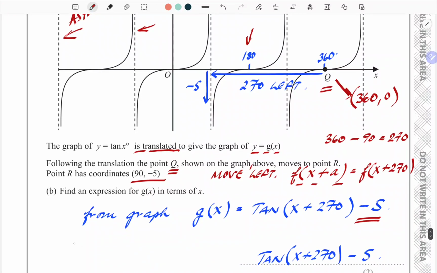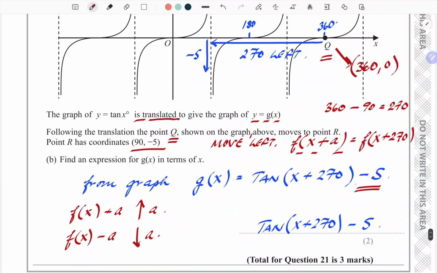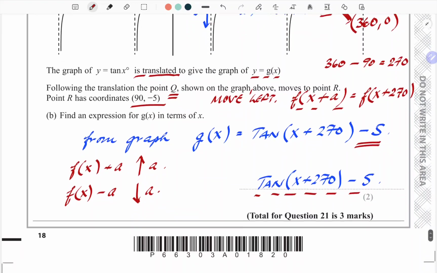For example, f of x plus a goes up by a, and f of x minus a goes down by a units. In this case, we want to go down by 5, so you just put a minus 5 on the outside. So the answer is tan of x plus 270, which moves it left by 270 degrees, and then outside of the brackets, minus 5, which moves it down 5 units on the y-axis.